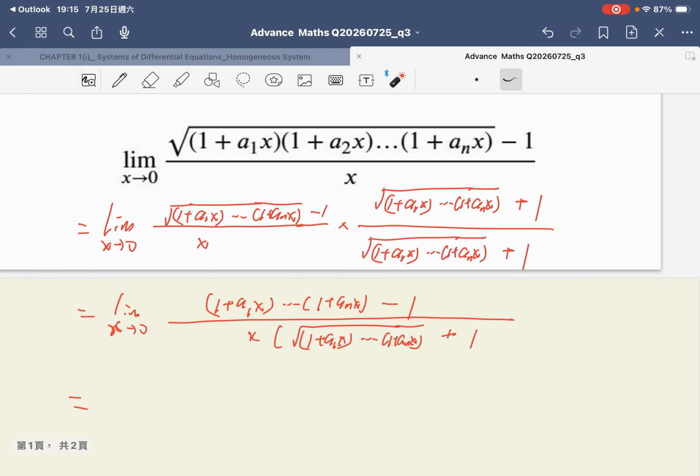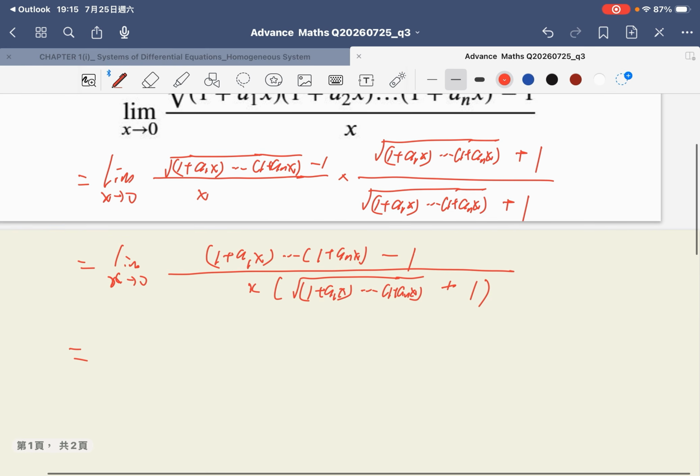So far there is one thing we have to do, that is expand this product. The constant term is 1 times 1 times 1 times 1, which is 1, minus 1, so the 1 is cancelled. The other terms are x to the power 1, x to the power 2, and next x to the power 3, in ascending order.